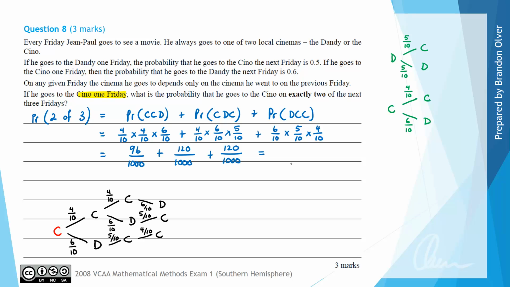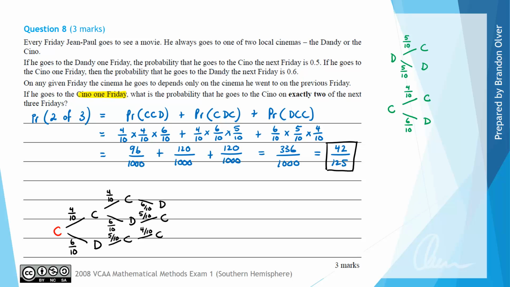So simplifying that, if we add those 3 fractions together, we get 336/1000. And that can simplify down to be 42/125 when simplified. So that is the probability that he will go to the Chino on exactly 2 of the next 3 Fridays.